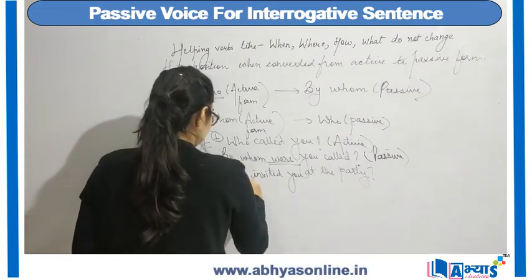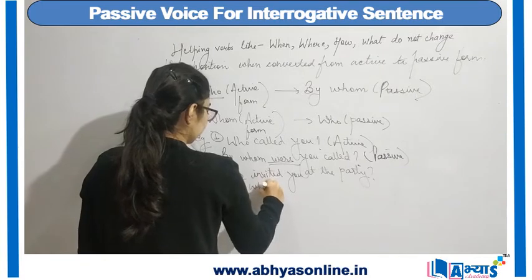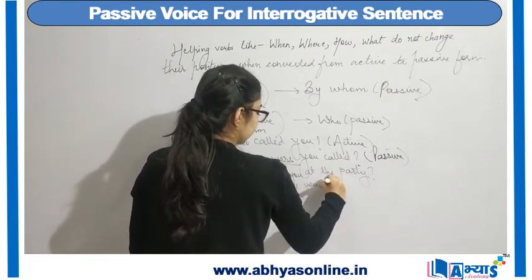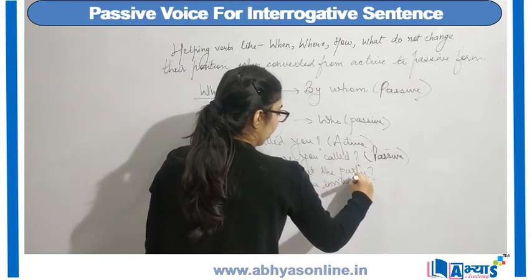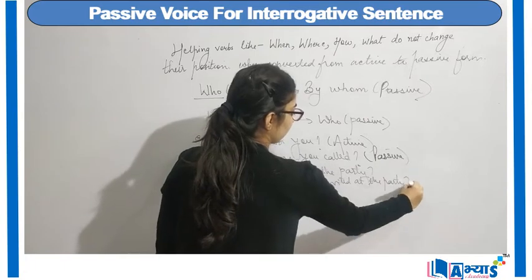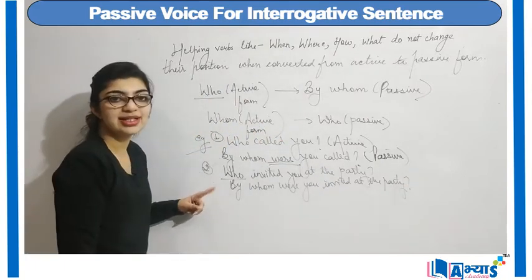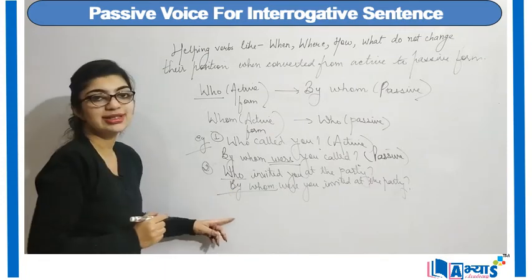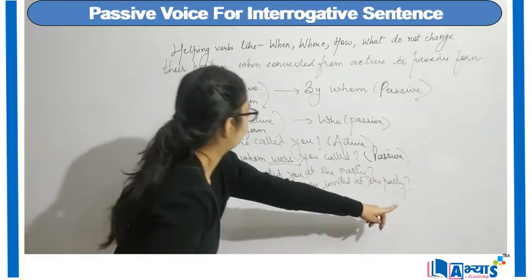So I will say, by whom were you invited at the party? So this is my sentence in active form, and this one is my sentence in passive form.